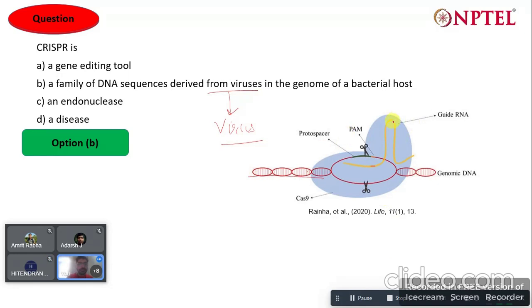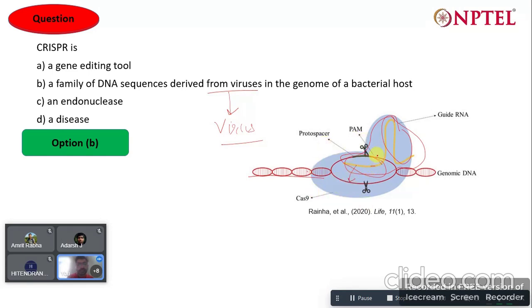This is the guide RNA that we use for guiding the Cas9 to a specific region, which is specific to the DNA to be cleaved. This is the spacer arm, and Cas9 is an endonuclease.